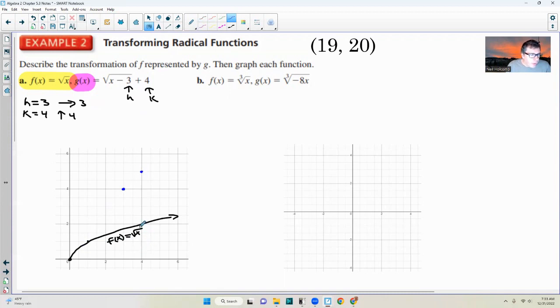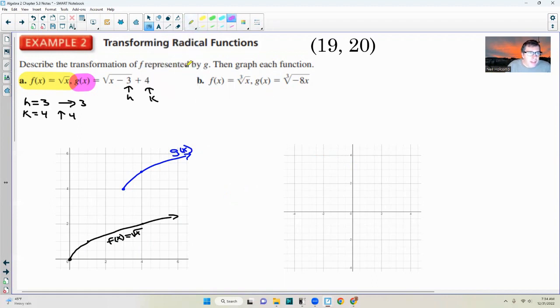And finally, 4, 2 is going to be moved over 1, 2, 3 and up 4. So it's over here, and this function is coming up like so. It's just taking this function and shifting it over 3 and up 4. So there are the graphs of the two. This is g of x. That's what we're going to do in the other one as well.